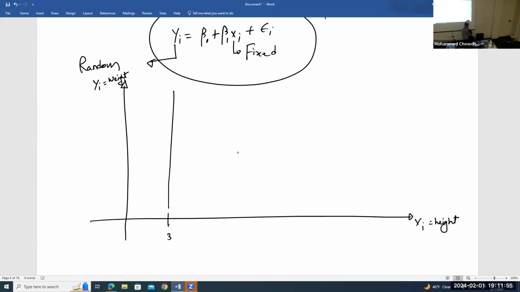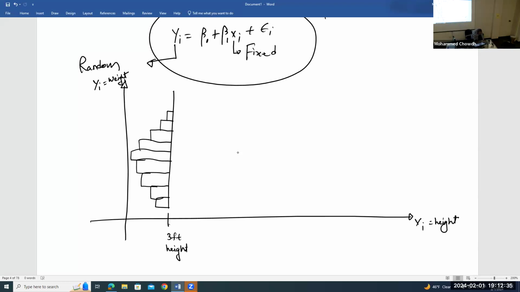If I take 3 feet height here, I can construct a histogram here. This is the height, 3 feet, and these are the weights.